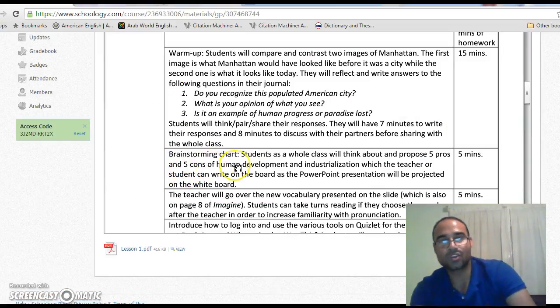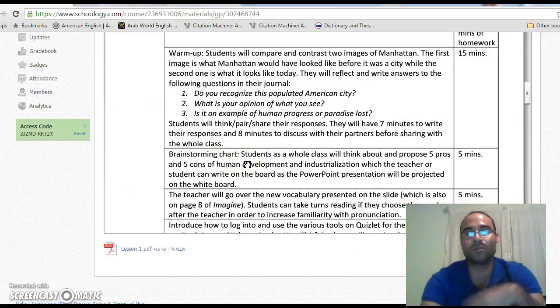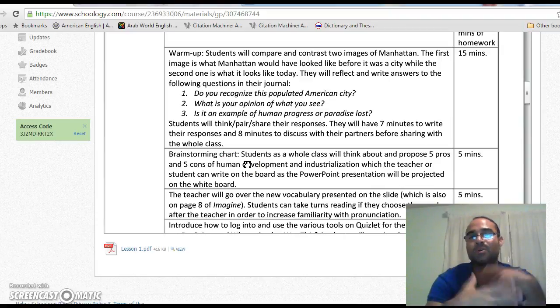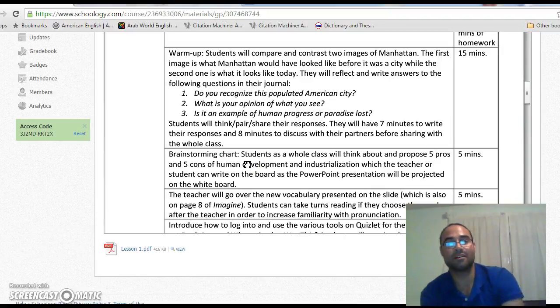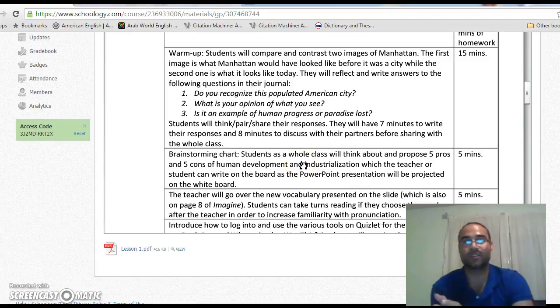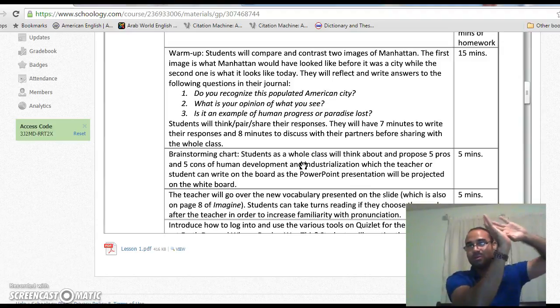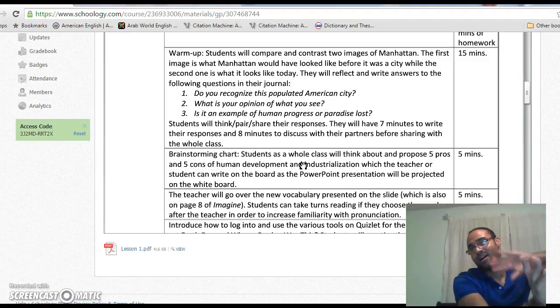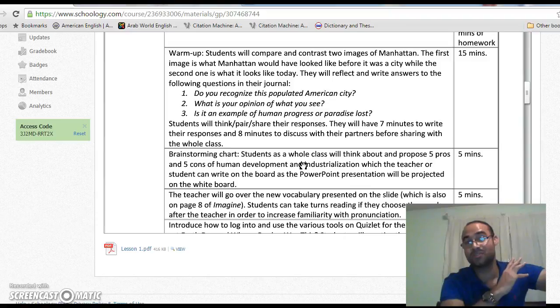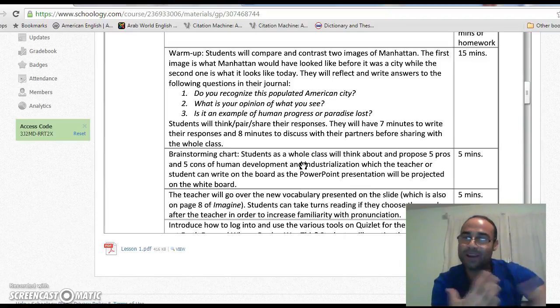Next, there'll be a brainstorming chart. So students as a whole class will think about and propose 5 pros and 5 cons on human development and industrialization, which the teacher or student can write on the board as the PowerPoint presentation will be projected on the whiteboard. So I would be able to write down the students' thoughts, or students can volunteer to write their thoughts.